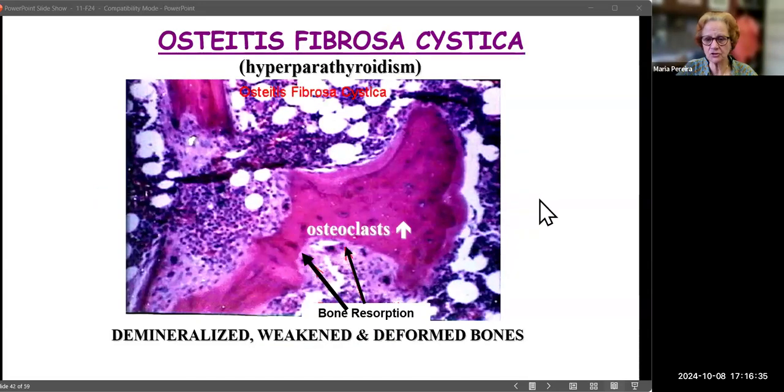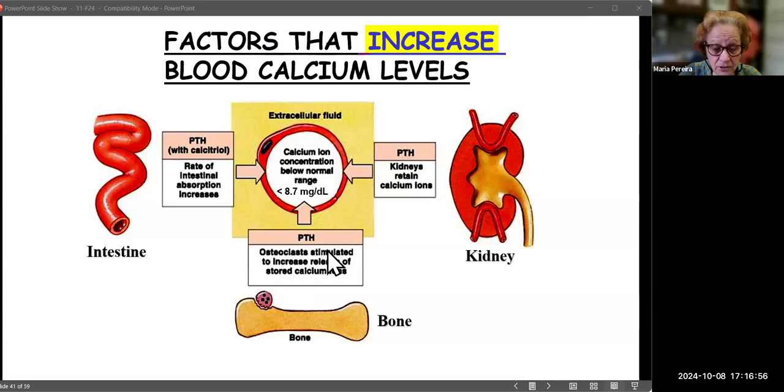Okay, so I think I've stopped at just one more slide. Let's say there's a tumor in the parathyroid and there's too much parathyroid hormone being released. This would be hyperparathyroidism. So you have the osteoclast activity being increased.